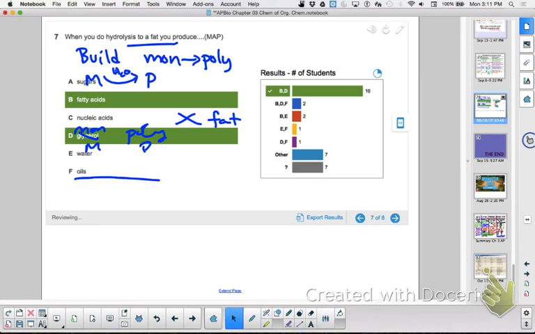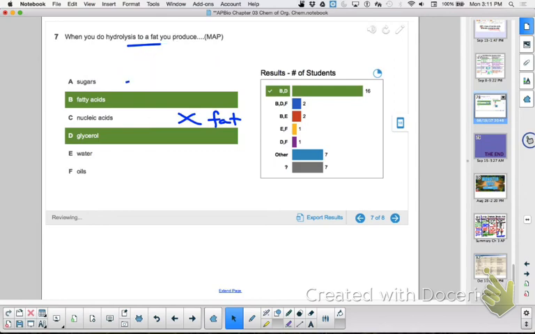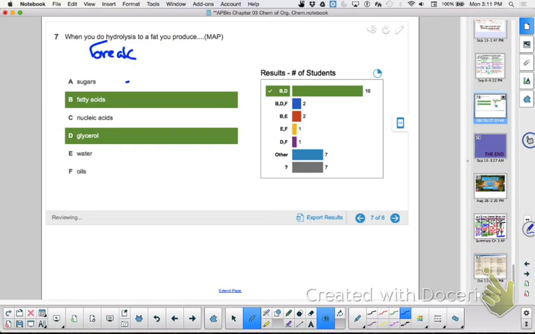Okay, and then this one, when you do hydrolysis, are you building or breaking? You're breaking. Okay, so when you read, guys, try not to talk when I'm talking so I can finish. When you do hydrolysis, you want to think break, and you want to think poly to mono.